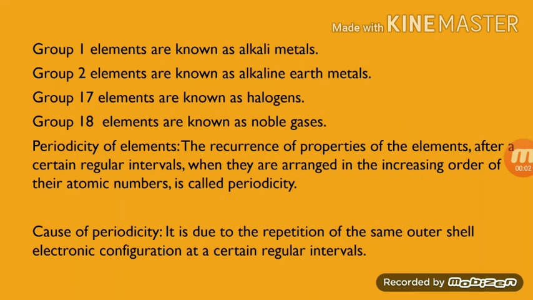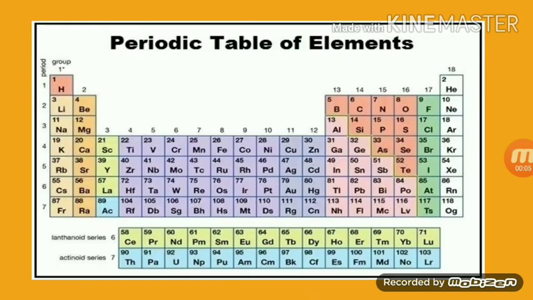Group 18 elements are known as noble gases, and the elements are helium, neon, argon, krypton, xenon, radon and oganesson. These noble gas elements have a stable configuration, that is, at the outermost shell they have 8 electrons. So they are considered noble gases because they are very stable and do not react with any other elements.